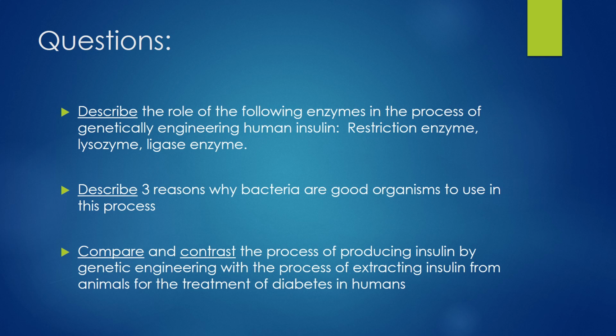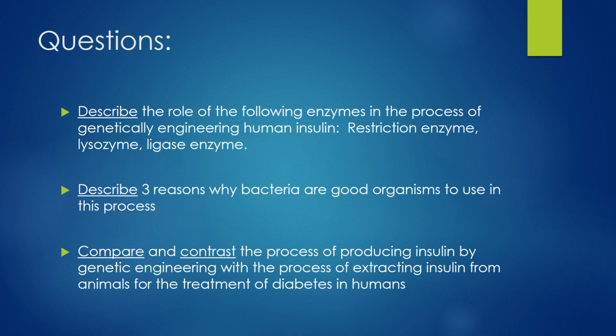And then this is what takes us to the really higher end, where we compare and contrast. So when we compare, we look at similarities and differences between producing insulin from genetic engineering and extracting from animals. So if I were you, to complete this question, I would do what's similar, what's different.